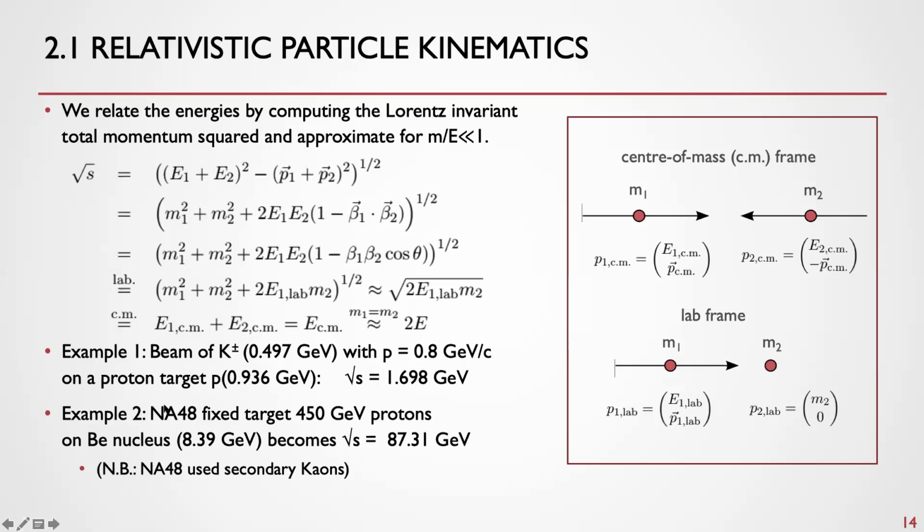NA48 is a fixed target experiment at CERN where 450 GeV protons were collided with beryllium nuclei. Beryllium nucleus has a mass of 0.4 GeV. Now, if you take this formula in the lab frame, you will compute 2 times 450 times 0.4, and the square root is 87.